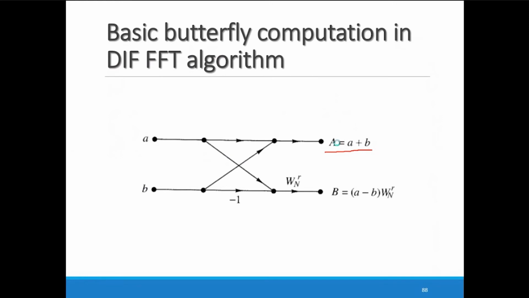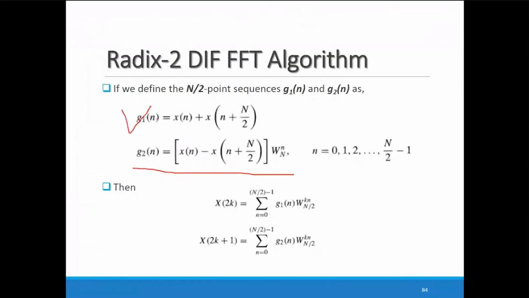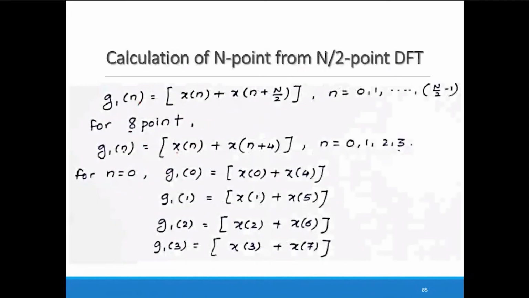This is just the addition, like over here: xn plus xn plus n by 2. Here I am calling this x of n a small a, and this x of n plus n by 2 a small b. Whatever G1 term, that is capital A in this diagram, and G2 n is nothing but capital B. This is how this diagram is represented.